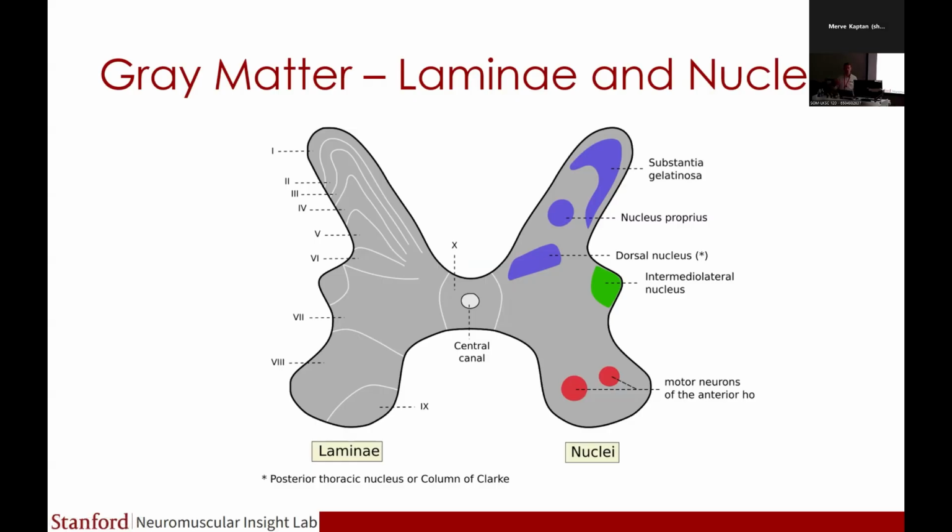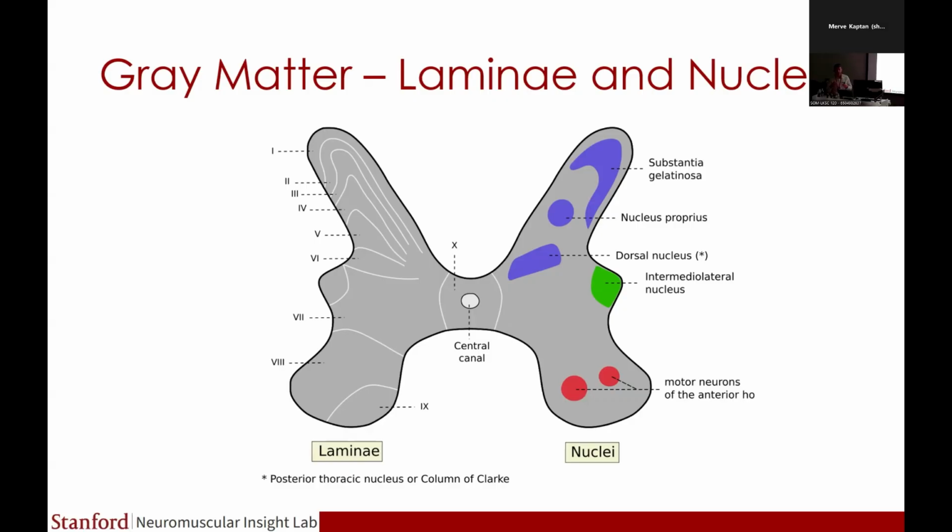Similar to the cortical layers in your brain, you can think of similar layers within your spinal cord, with the dorsal horn having sensory components, at least where the sensory afferents from the body first synapse in the central nervous system, and the ventral horns having motor neurons, which then go out and innervate muscle, causing contraction.